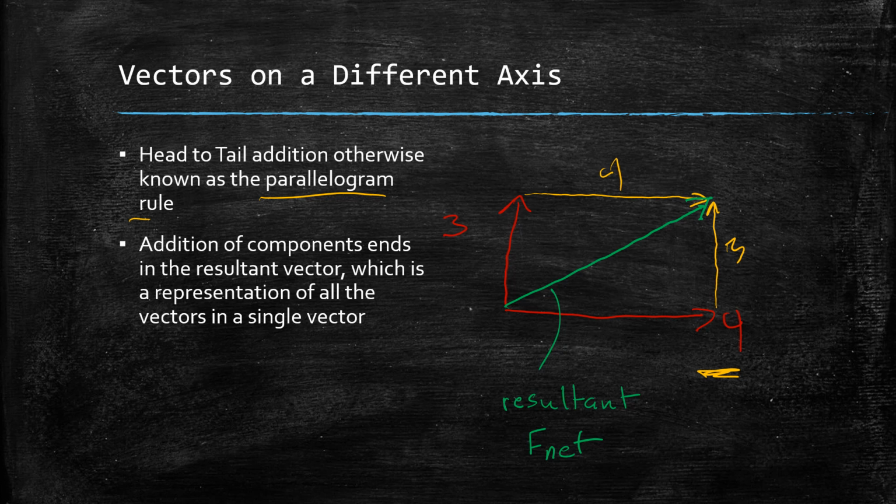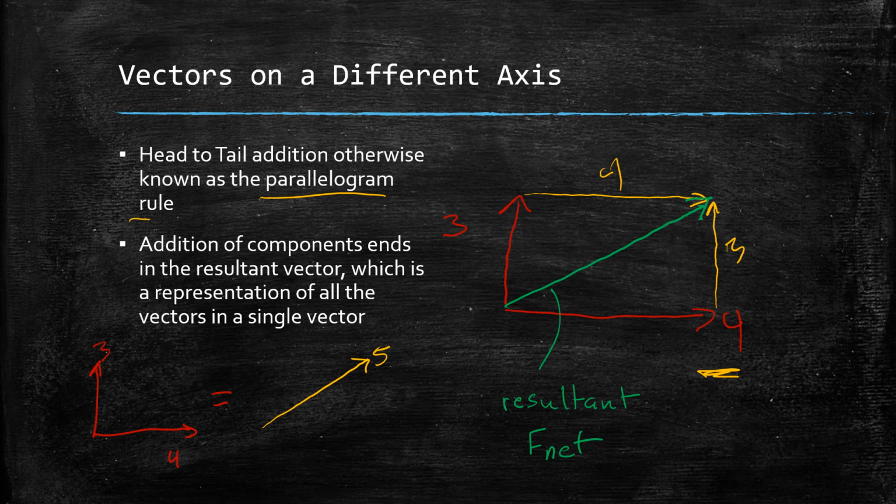So quickly, what that means is that 3 up and 4 to the right is the same as a 5 Newton vector at that angle. Those two things represent the same type of motion.